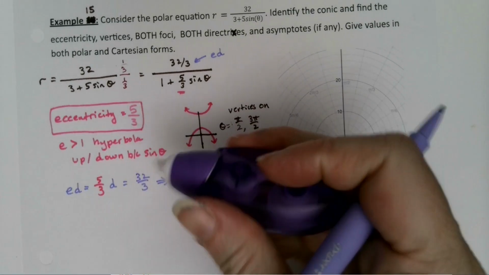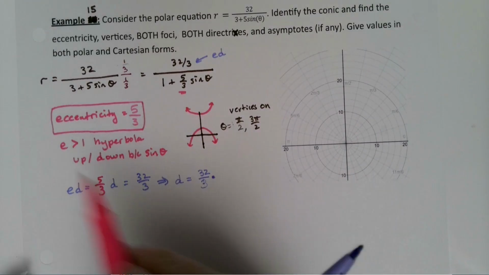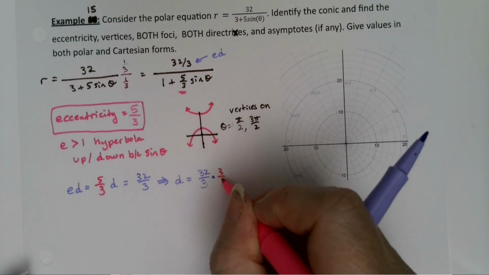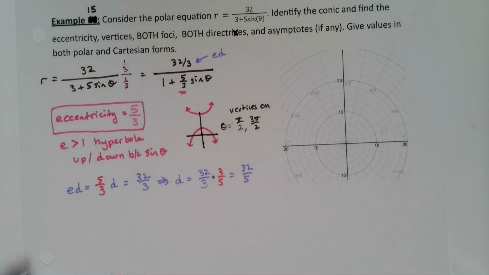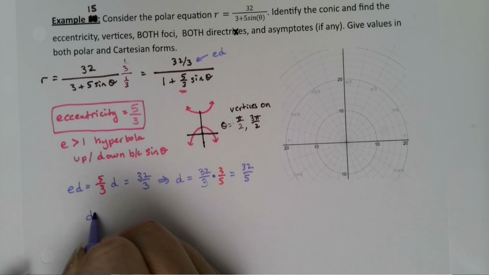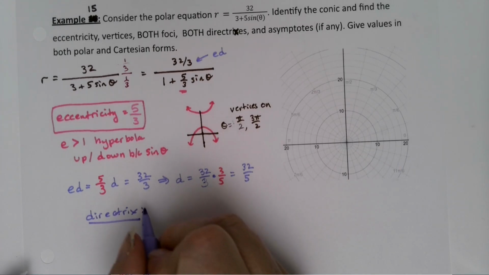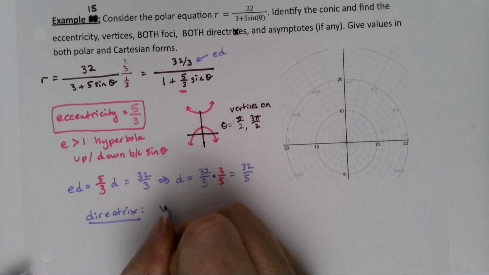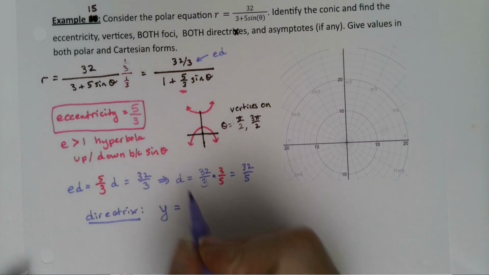Here, what I'm really doing is 32 over 3 times the reciprocal of this, 3/5, which makes 32 over 5. So D is 32 over 5. That means that my directrix would be y equals 32 over 5. Directrix done.